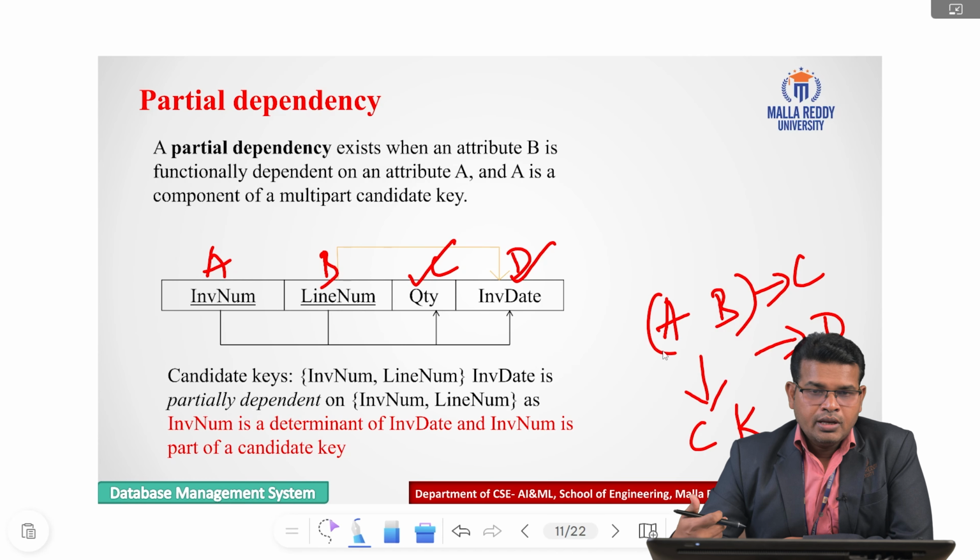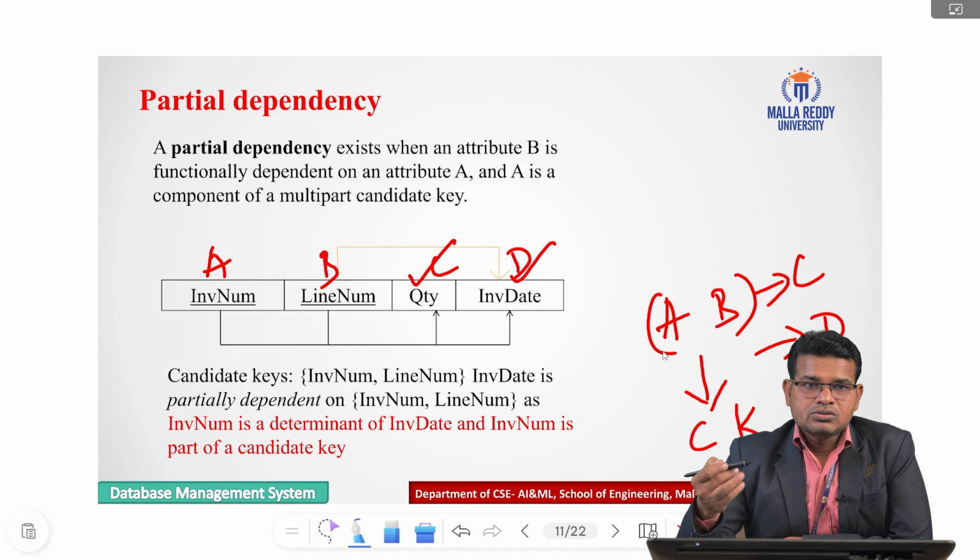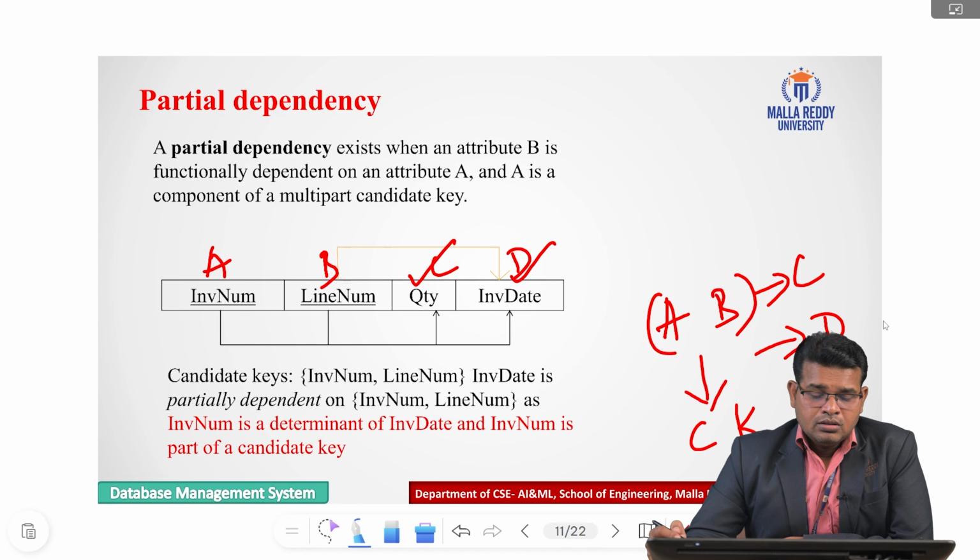Again, I'm repeating, the attributes which are part of the candidate key are called prime attributes, and those outside the candidate key are called non-prime attributes. The candidate key determines all other non-key attributes in the table. If any attribute which is a subset of the candidate key is determining any other non-key attribute, then we say that there exists partial dependency.